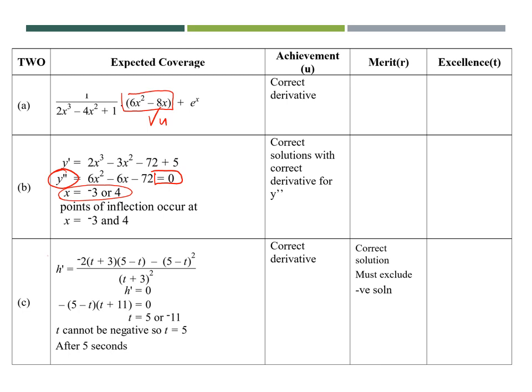For a correct derivative, if you could use the quotient rule to give me an answer like that, there's your achieved skill. Your merit was getting 2 solutions, excluding the negative answer, so after 5. That's obviously wrong, that should be in minutes.